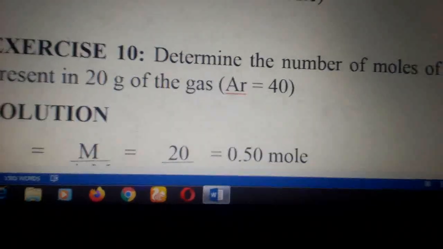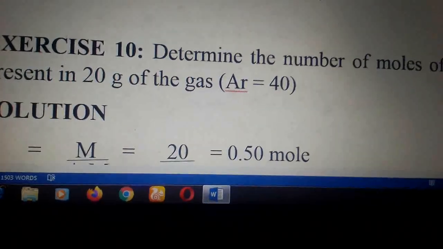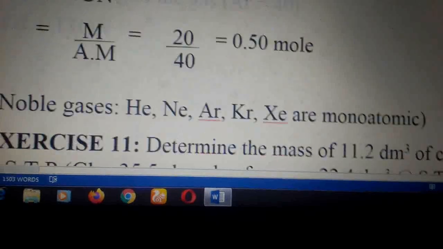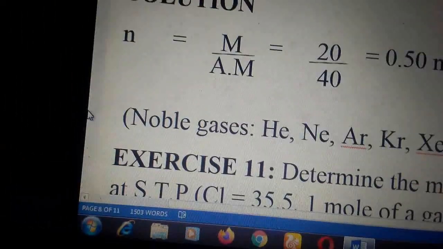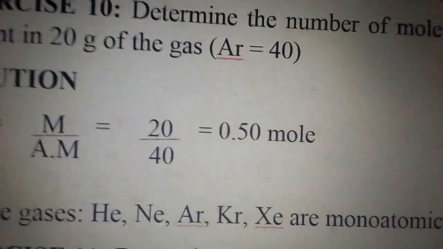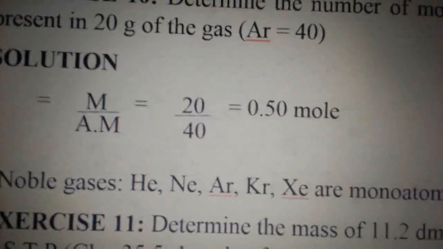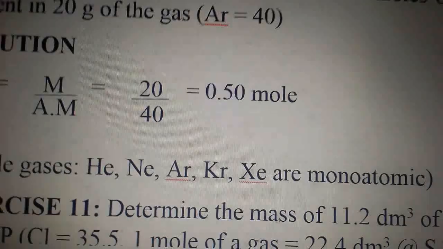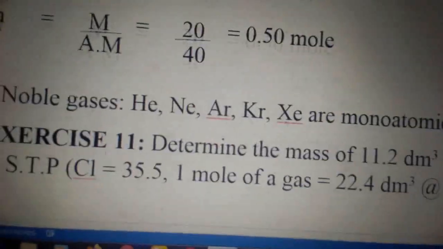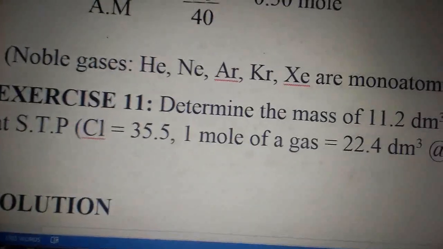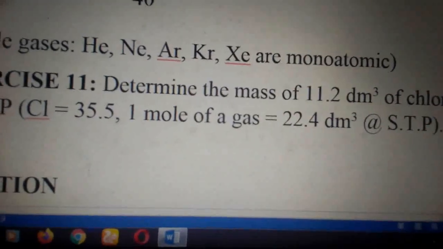So these noble gases are monatomic. They are treated like metals in calculation. So to find the number of moles of the gas, we use mole equals mass over atomic mass. We take the atomic mass here in the formula, 20 over 40, that gives us 0.50 mole. So the noble gases, that I already mentioned, are all monatomic.